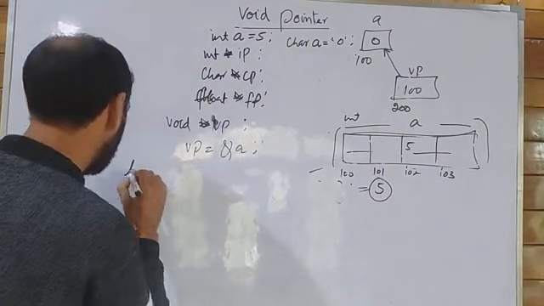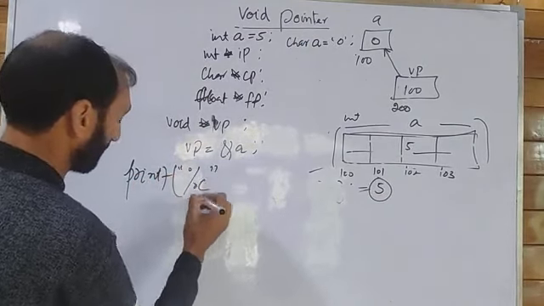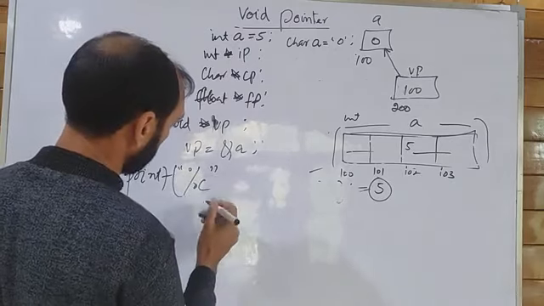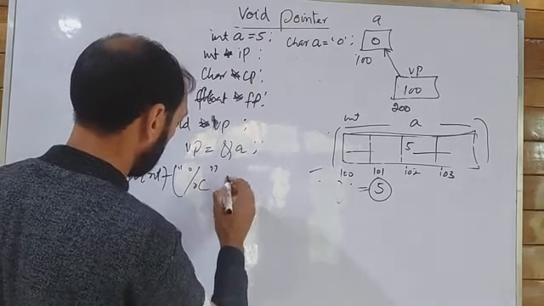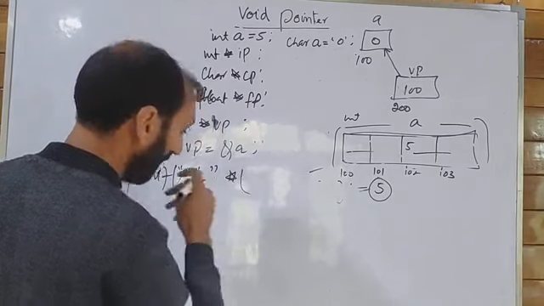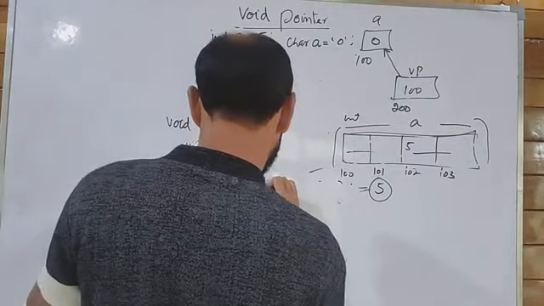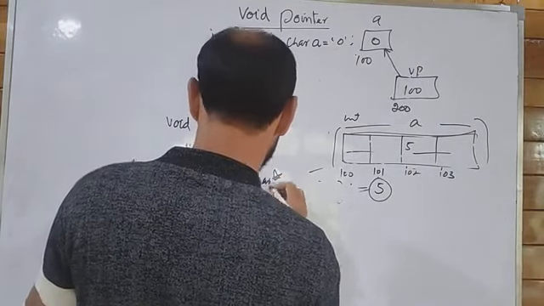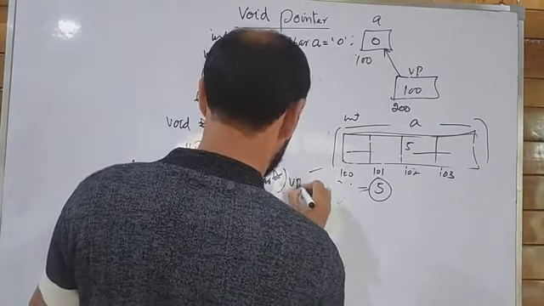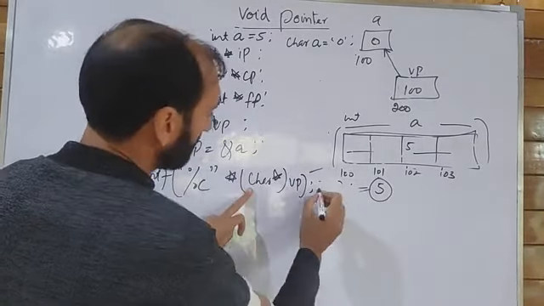Now if I write this instruction printf with %c and the indirection operator on the pointer VP, it will return me '0'.